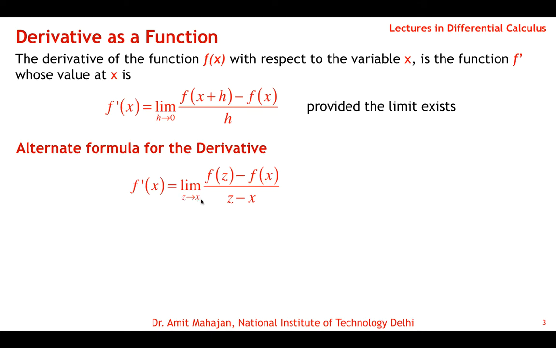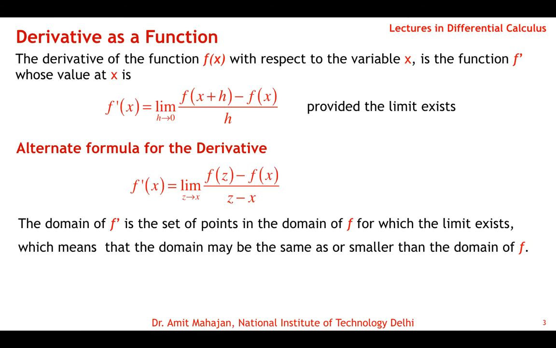So z is the neighborhood point of x, giving the limit as z approaches x of f(z) minus f(x) over z minus x. Okay, so both these definitions are the same. And the important point is that the domain of f dash, the derivative, is the set of points in the domain of f for which the limit exists.